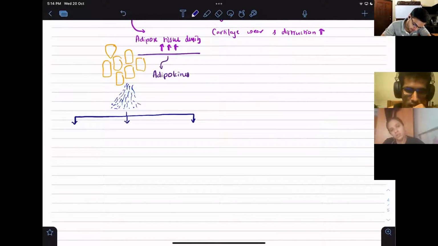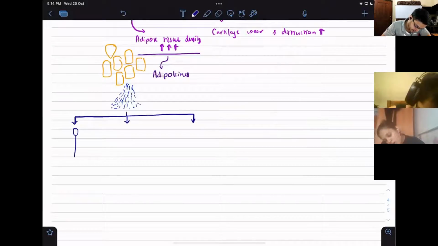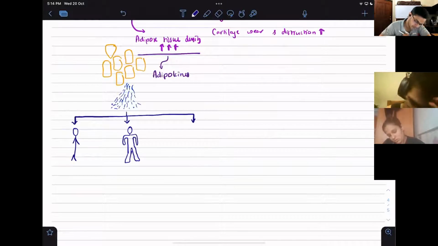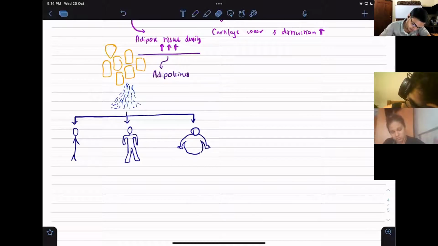We'll draw a very thin person. Then we can draw someone lean or normal, a normal person. And then you can draw someone like that, a little bit obese.